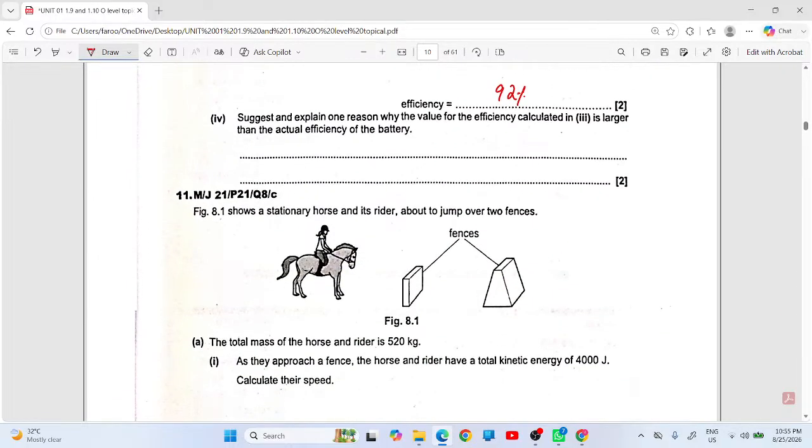Now explain one reason why the value for the efficiency calculated in 3 is larger than the actual efficiency of the battery.